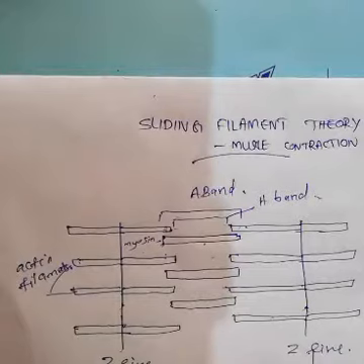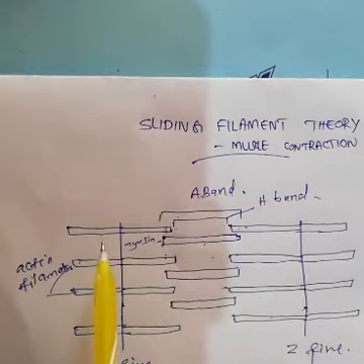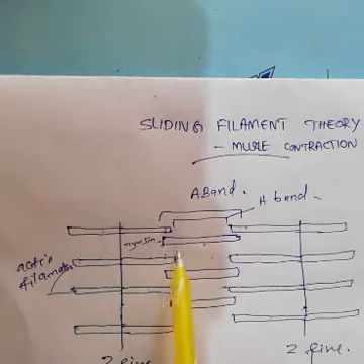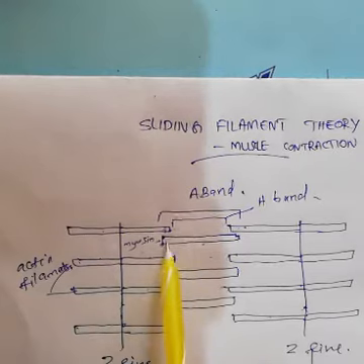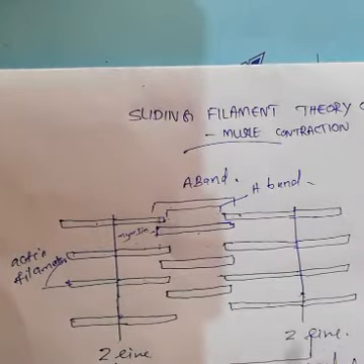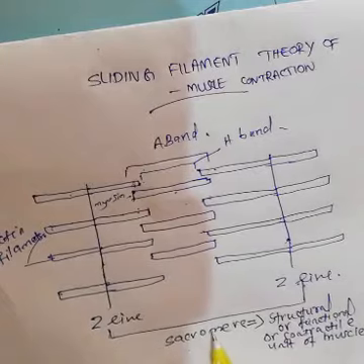So here we are taking two Z lines. On either side of each Z line we can observe a structure called actin filaments, and between the actin filaments we can observe the myosin filament. The portion between two Z lines is called the sarcomere.